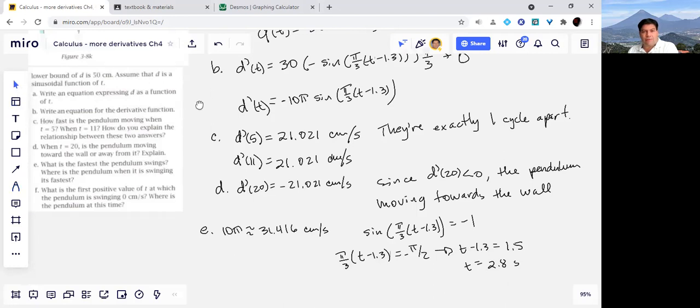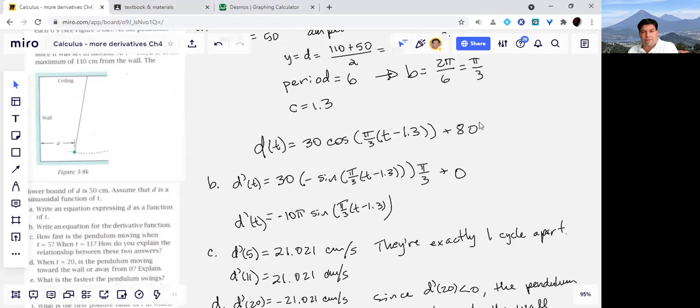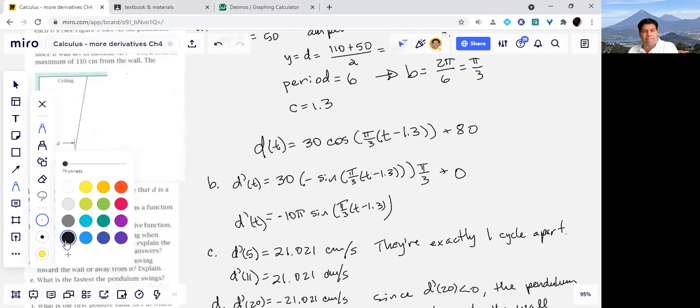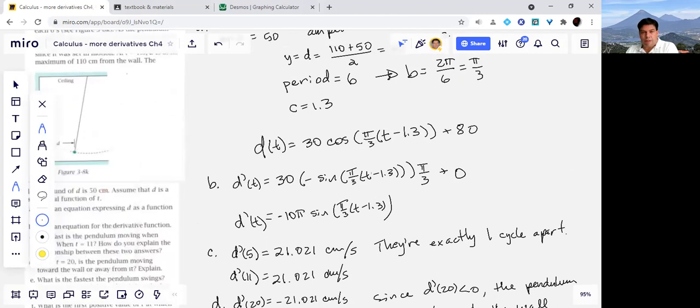So it's this one. Okay, so if I put the distance at time 2.8 seconds, that is substitute here using cosine 2.8 instead of the t, we'll find out.